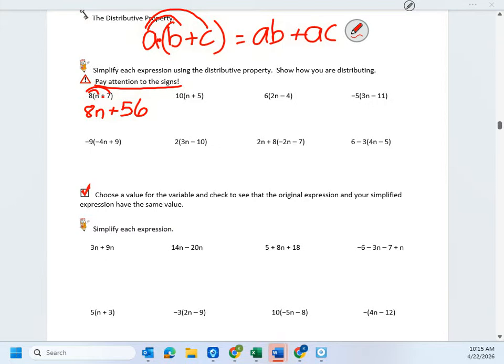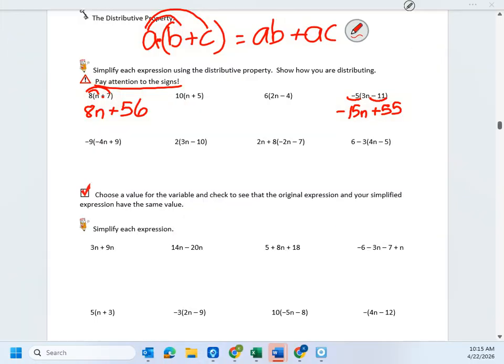Be careful here, -5 times -11 is going to be a positive 55. -5 times 3 is -15n, but that negative times the negative turns it positive.